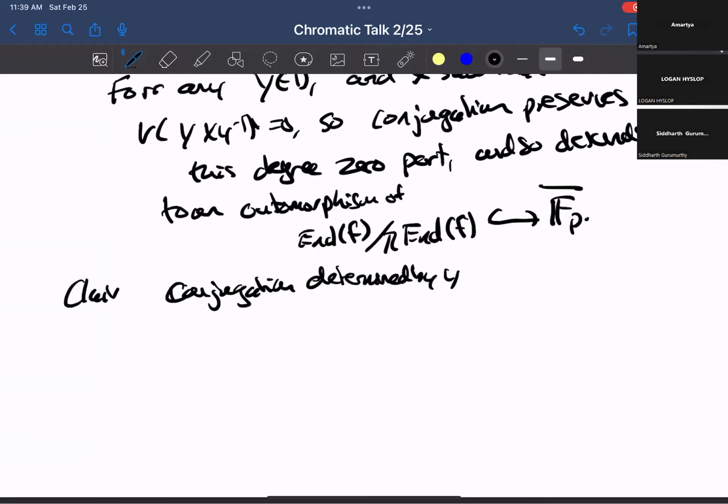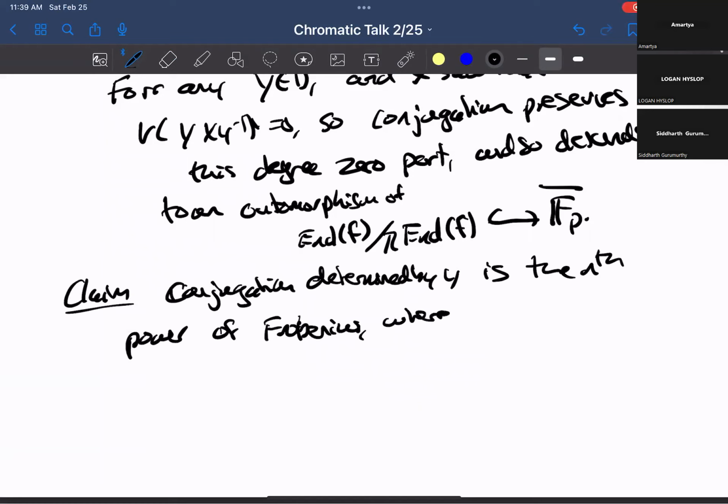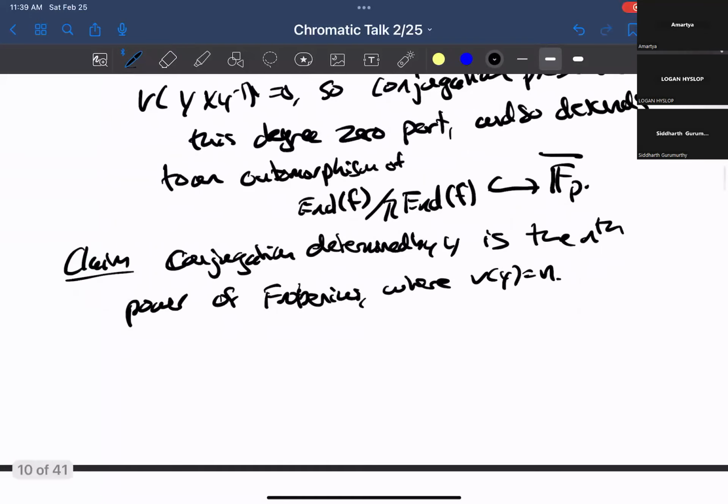We claim the conjugation determined by Y is the nth Frobenius, or the nth power of Frobenius, where the valuation of Y is equal to n.